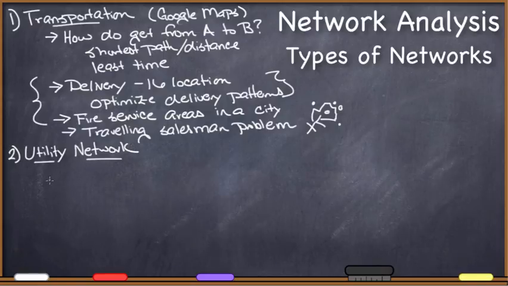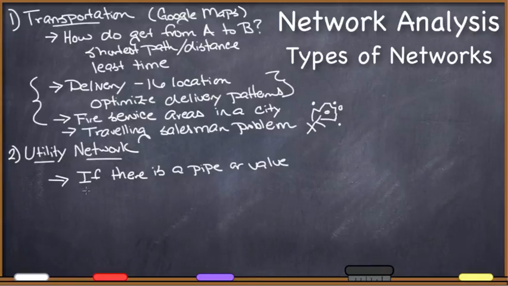With a utility network, you're sort of asking different problems. So if you're talking about water lines, if there's a pipe or valve failure, which customers are affected?